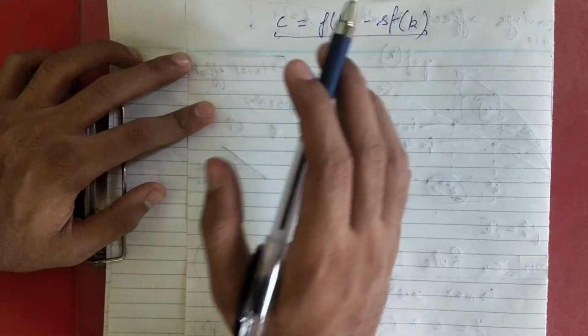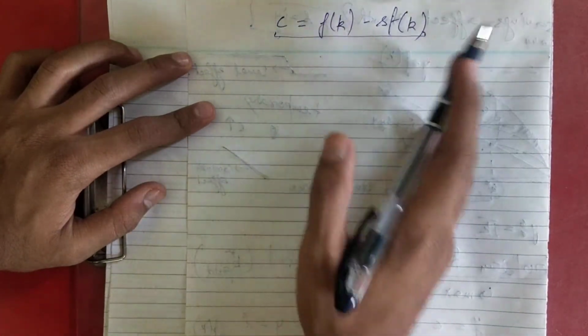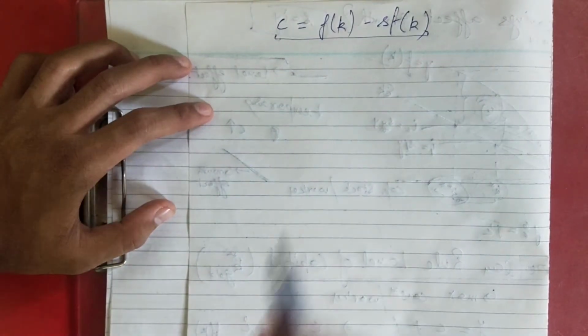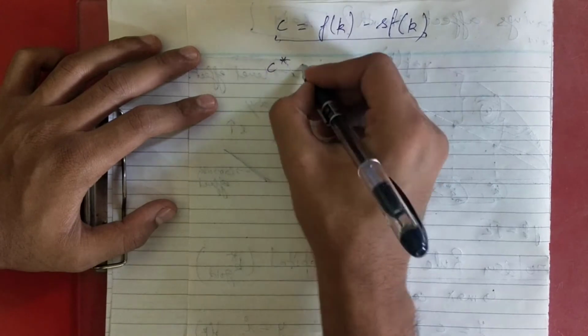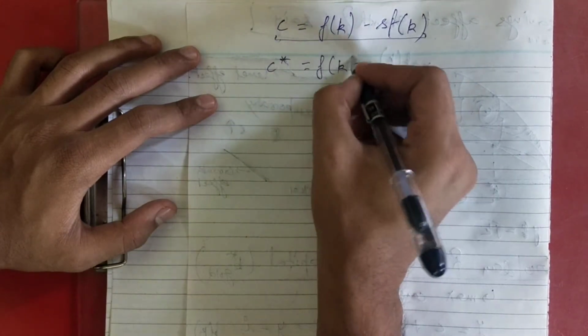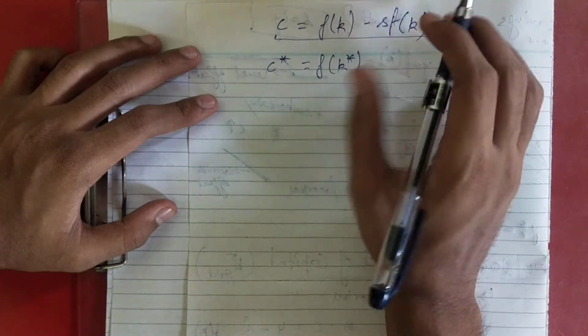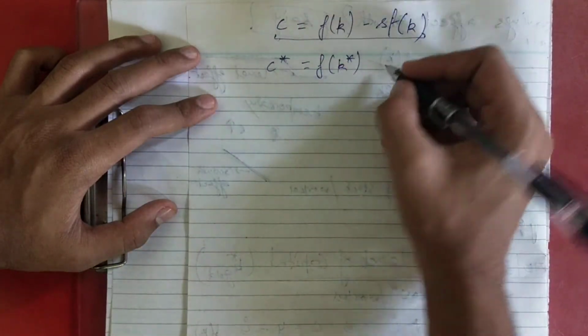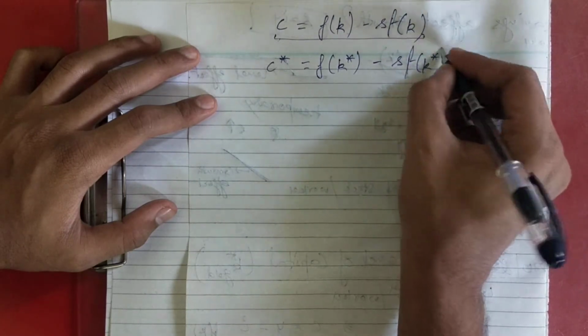So I can rewrite this equation as c star is equal to f(k star) minus s f(k star), at the steady state value.